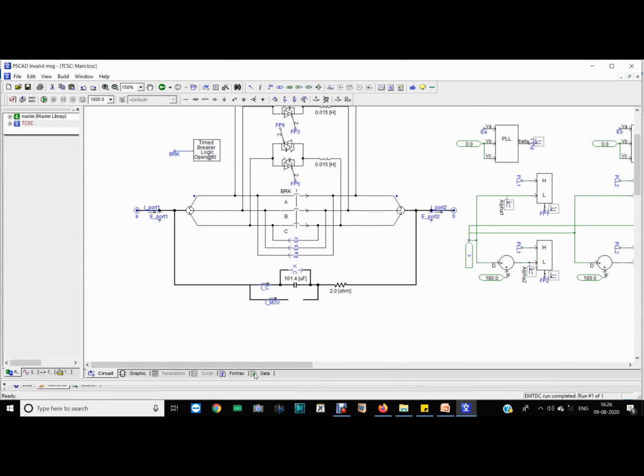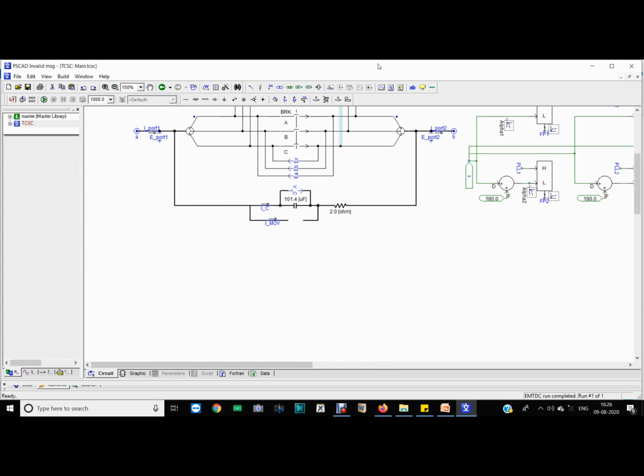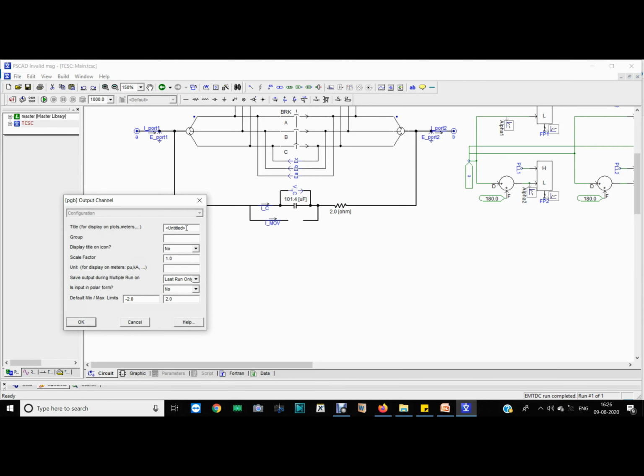Now what we need to take is the voltage across the capacitor at first. So voltage across capacitor V underscore C have taken, so we need to write V underscore C. Okay, now connect this V underscore C, display it.